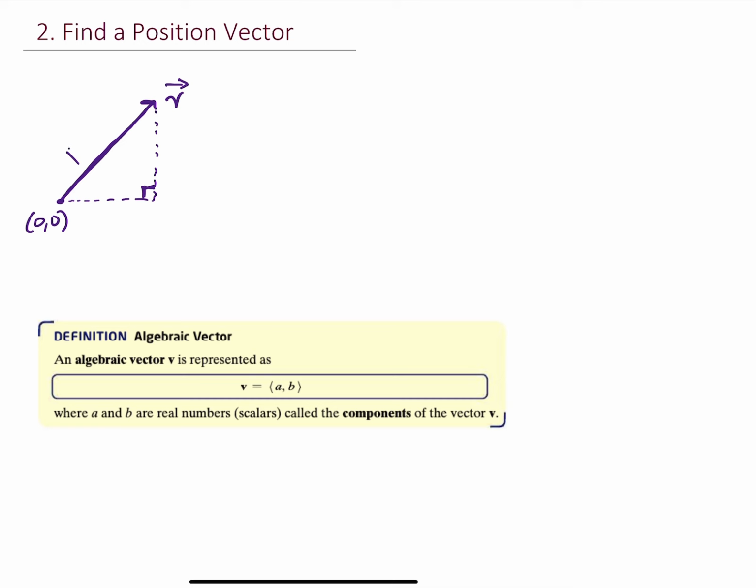So the hypotenuse would be our magnitude. And then we can call this side length A and this side length B. So this allows us to describe a vector also in terms of these two distances, the lengths of the right triangle that's formed by the vector itself.